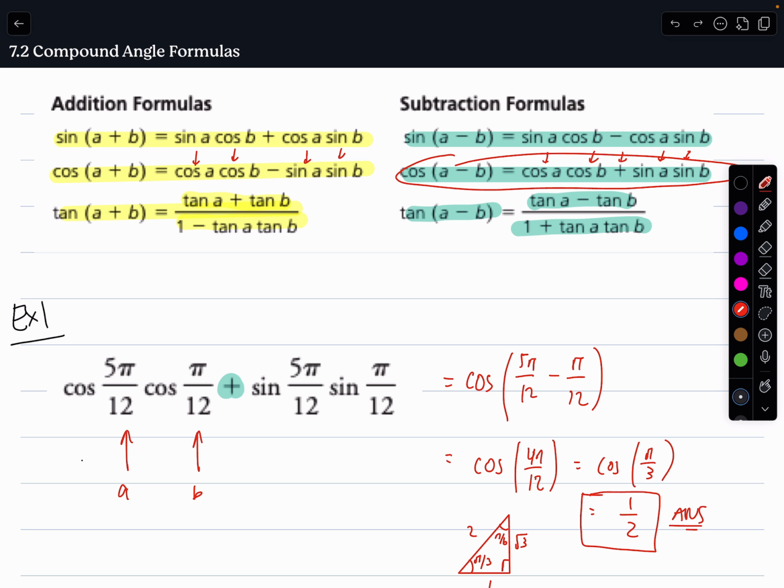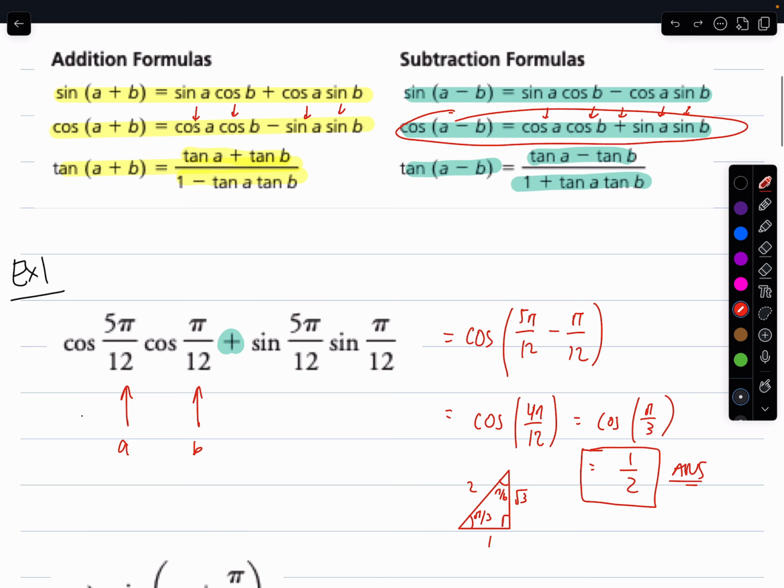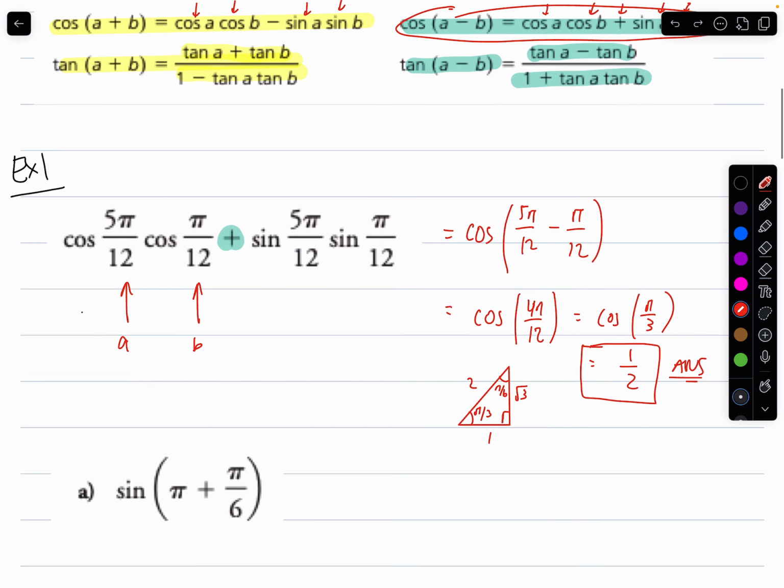Once we find A and B, we put it in the cos A minus B section, simplify using regular addition or subtraction, and once we get to the final answer, we use our special triangle to put that into a numerical value.